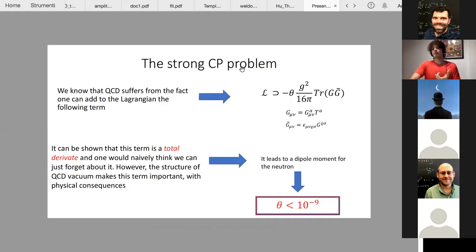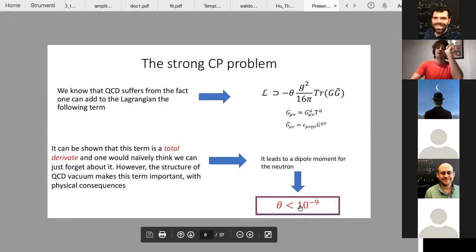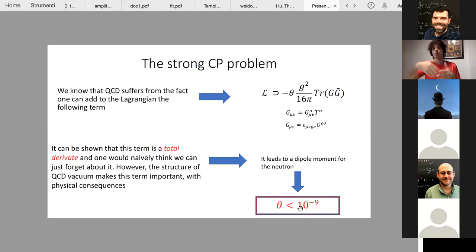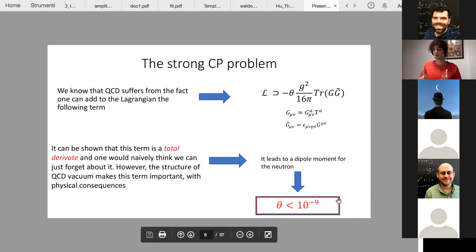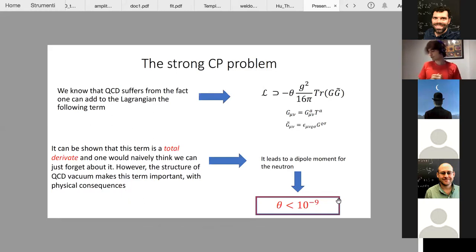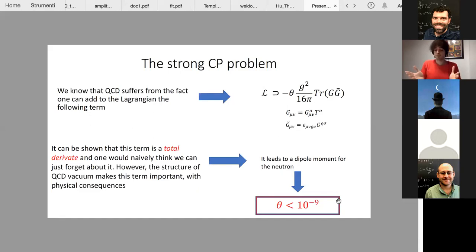And it's a problem because we have this very small number. In physics, we don't like coincidences, right? When we see a very small number, we would like to have some dynamical explanation for it, some symmetry behind it. This is why this is a problem.